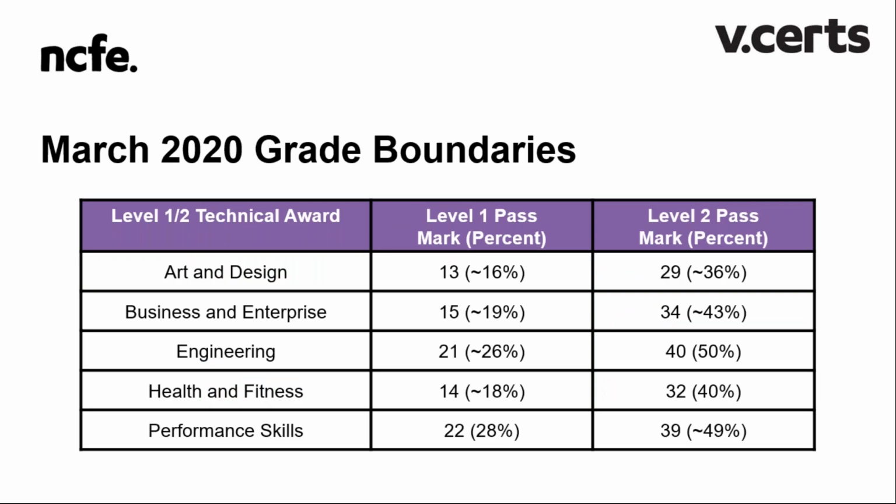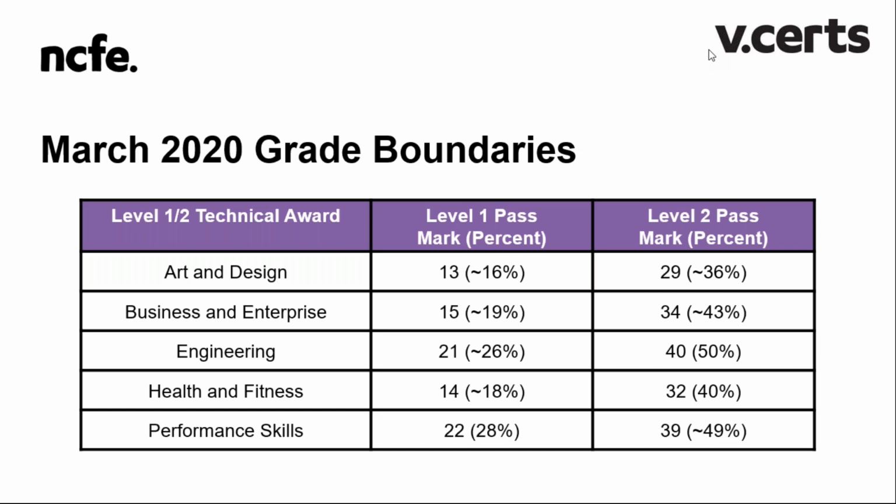But if we have a look at the grade boundaries for the most recent assessment, in this case, the one in March 2020, in most cases, the recall of knowledge, assessment objective 1, would have been enough to secure learners a level 2 pass. So as you can see, for business and enterprise, the only exception again, art and design, as AO2, applying knowledge, is more heavily weighted with art and design, but business and enterprise 43%, engineering 50%, health and fitness 40%, and performance skills about 49%.